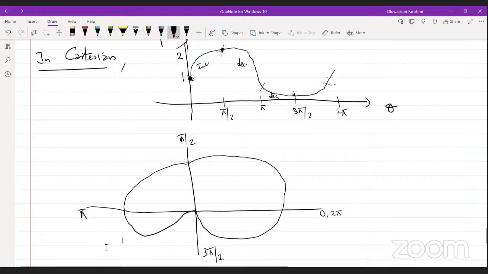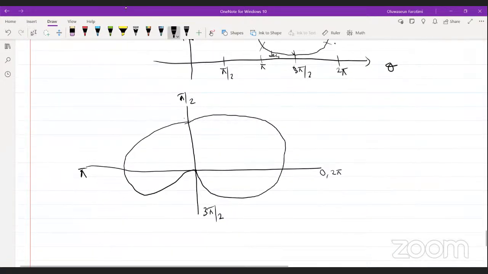Okay, so now let me draw something like this, but let me make it more beautiful. You see, you get it, guys? So you want to locate where you're increasing as well as where you're having some decrease.